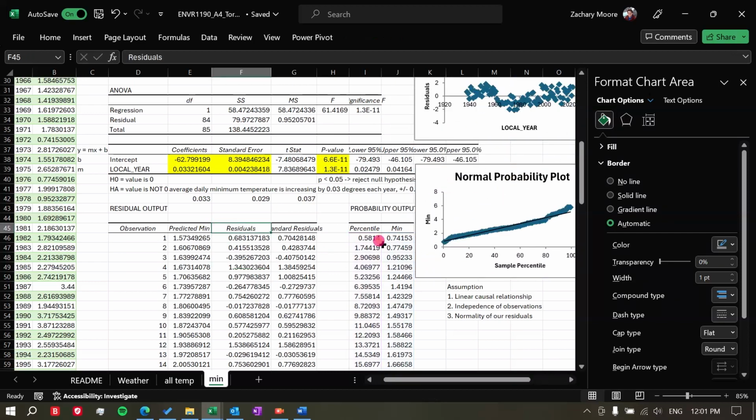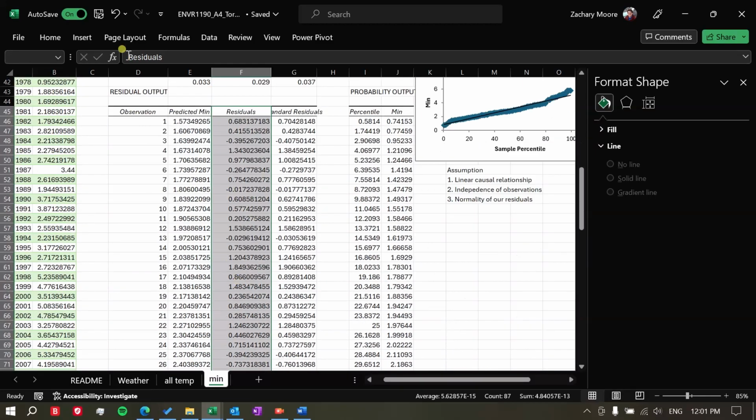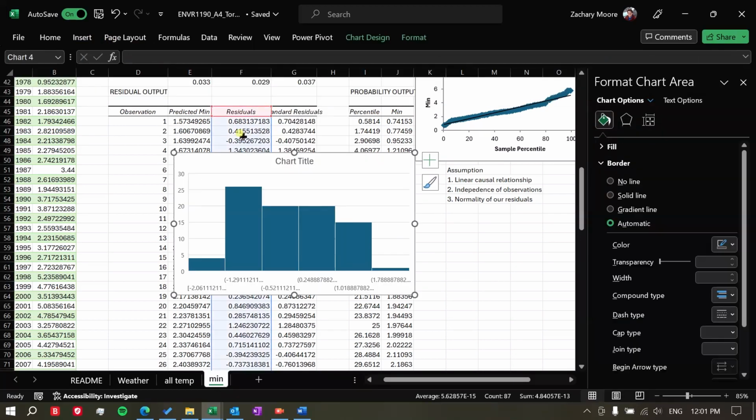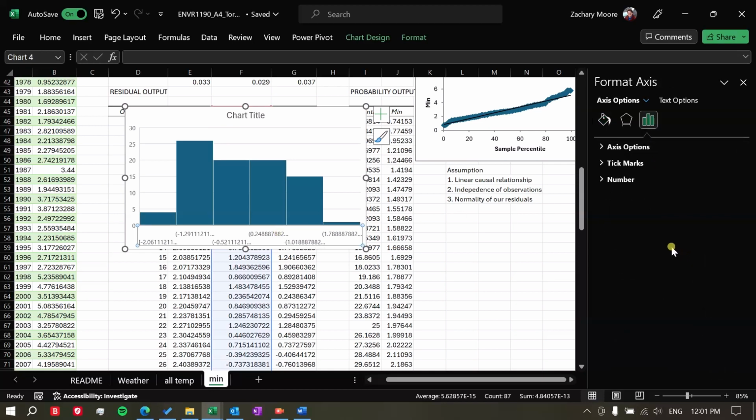Now we can look at that with our normal probability plot, but another way that we can also look at that is just to plot the residuals. So if I click on that title there and I do Control-Shift down, I can insert a histogram. And we can see that we have a little bit of weirdness, right, where there's this bulking in the center of the data.